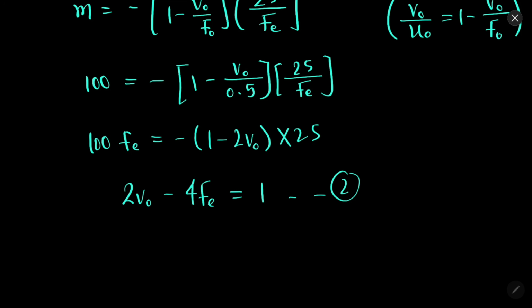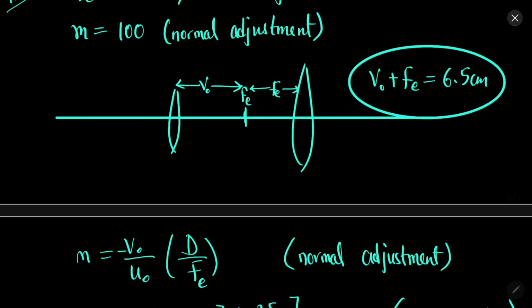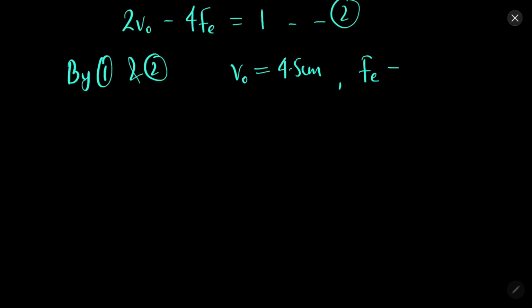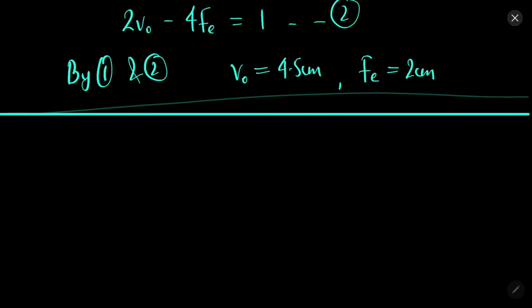This is our second equation and this is our first equation. So by equation 1 and 2 we will get VO equal to 4.5 cm and Fe equal to 2 cm. So the focal length of eyepiece lens is 2 cm.